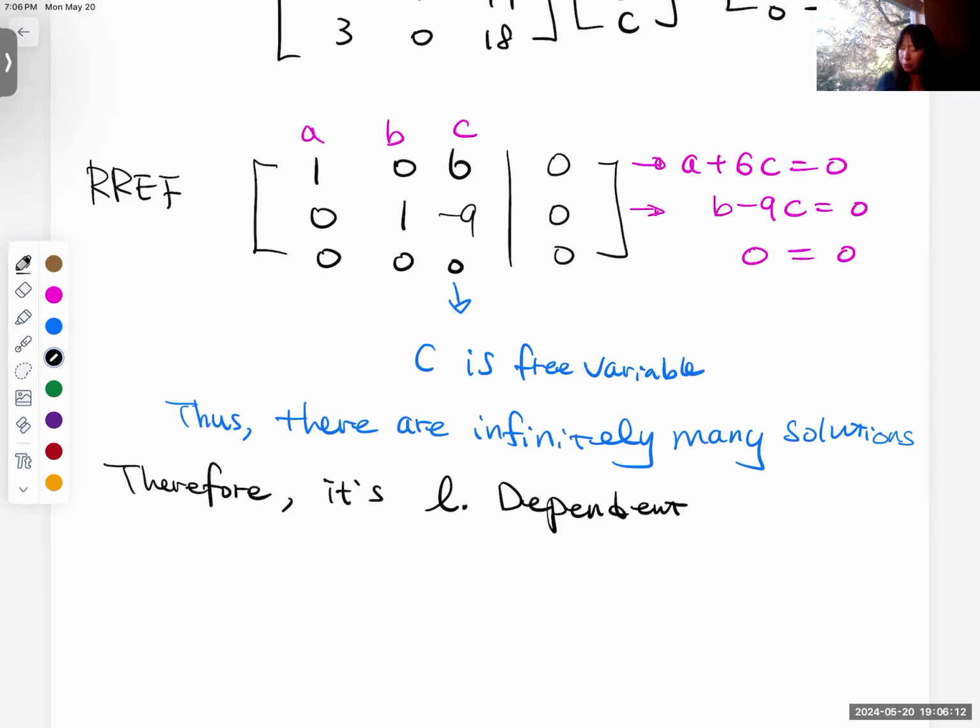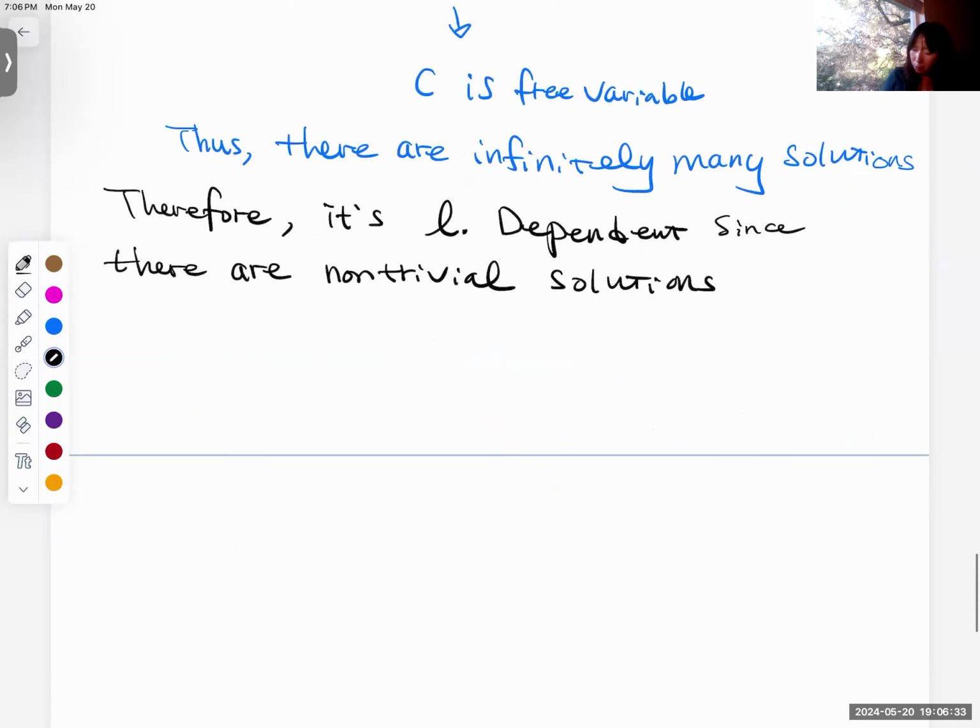Because there is a non-trivial solution, right? Okay. All right. Number 5, what about the subspace?